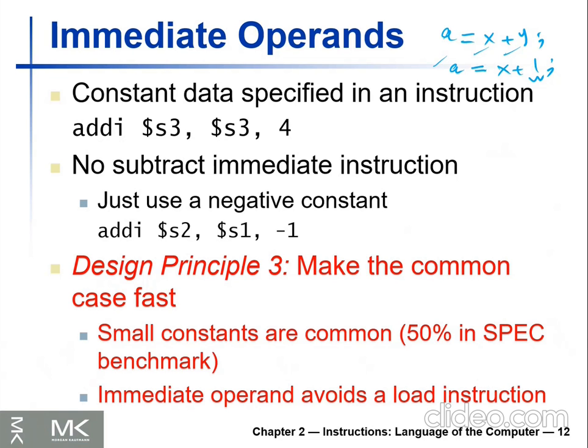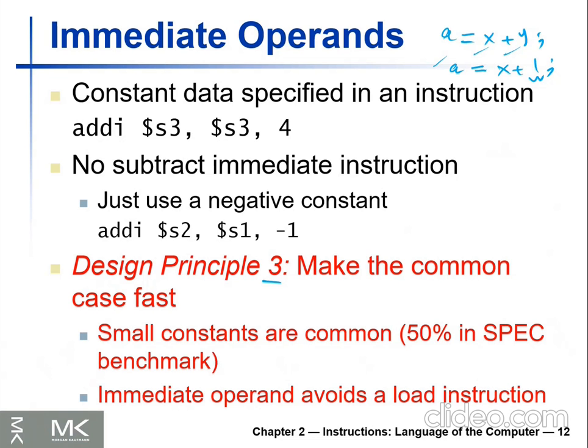So if they appear a lot in our programs, we should also optimize or create circuits to deal with them in a simpler way. For that case, you have a third principle of design: make the common case faster.